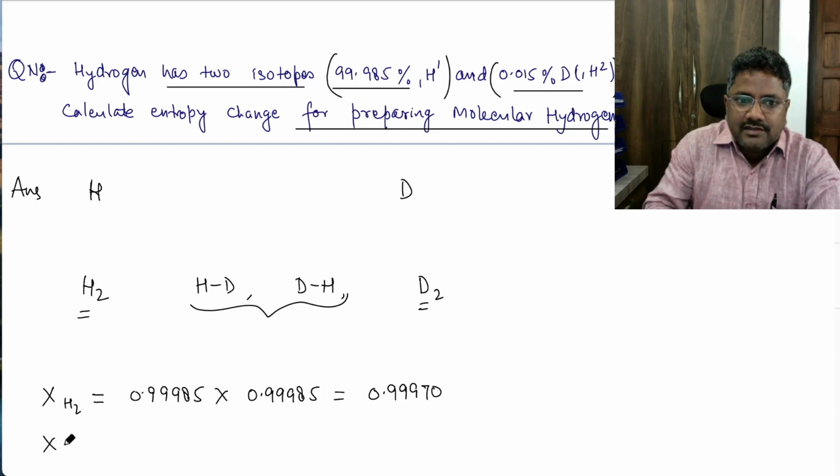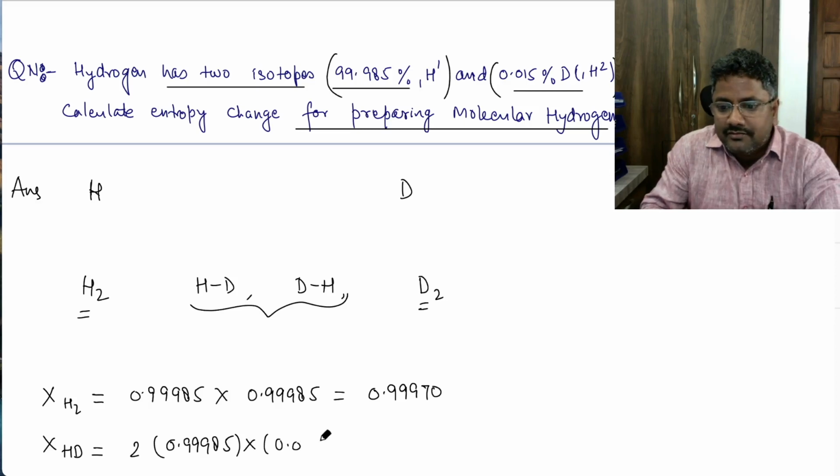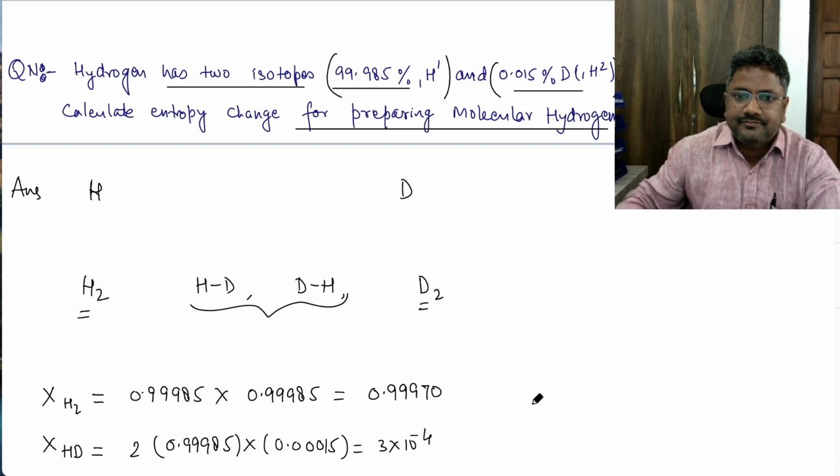Similarly, mole fraction of HD is equal to twice of 0.99985 multiplied by 0.00015. So this is equal to 3 into 10 power minus 4.